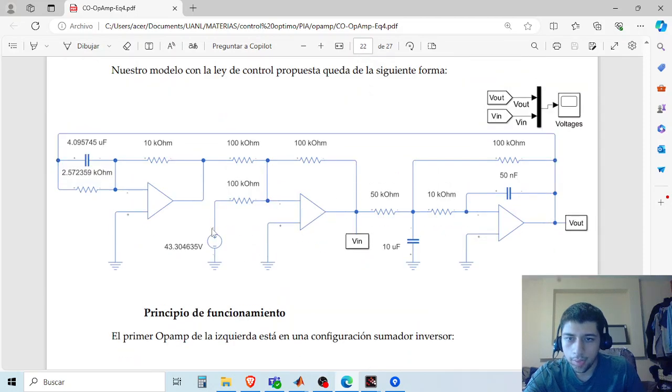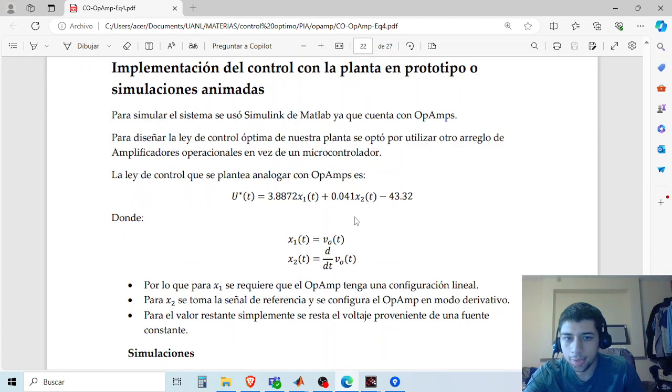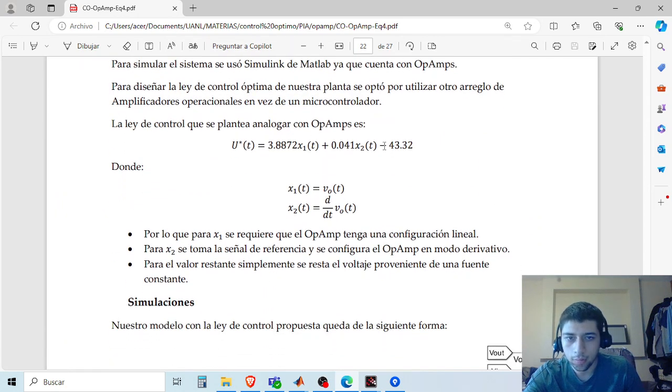Now we are gonna take this value, and we have another inverting summing amplifier, and we feed the first resistor, the first voltage reference, with the one that is giving us the first op amp, and the second voltage reference comes from a constant voltage source, which is with the same value as in our control equation here.